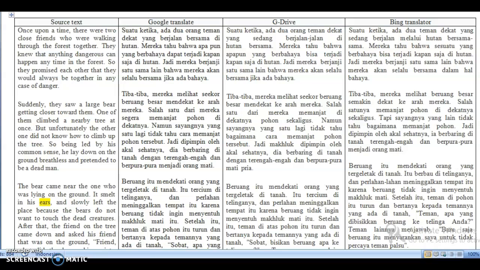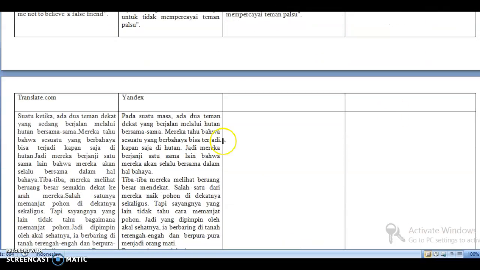Now we come to the assignment. Here is the source text, and I have already translated it using machine translation like Google Translate, Bing Translator, Translate.com, and Yandex.